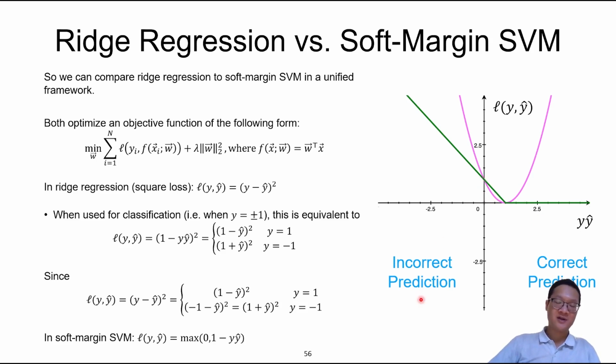On the incorrect prediction side, we receive an increasingly larger penalty based on how wrong our prediction is. Again, how wrong the prediction is depends on the value of y hat as predicted by our model. Again, y can only be plus minus 1, but y hat, which is produced by the model, W transpose X, could be arbitrarily large or arbitrarily small.